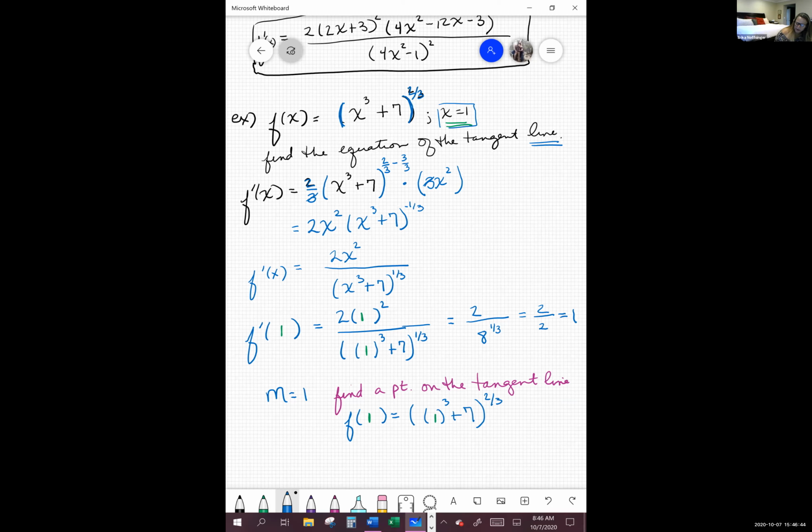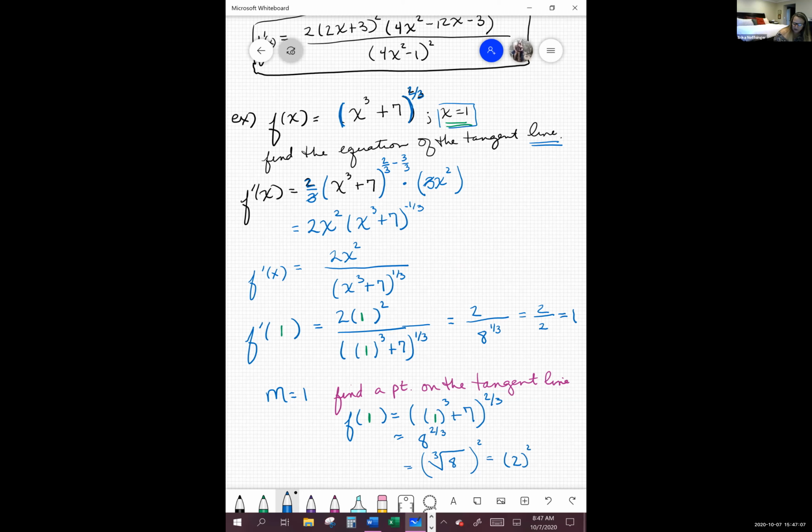So if I cube 1, I get 1, plus 7, I get 8 to the 2/3. Another way to rewrite this is cube root of 8, and then we can square it. I'd rather square it after. So what can we cube to get 8, which is 2?